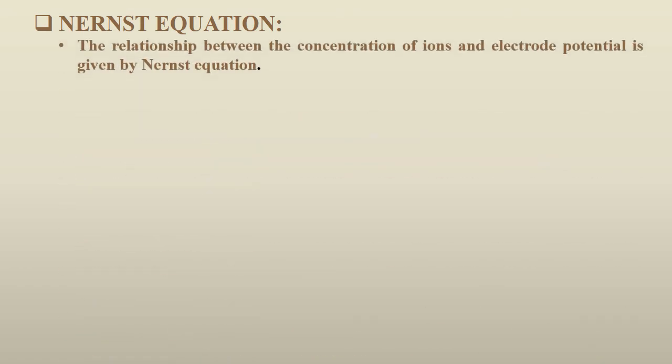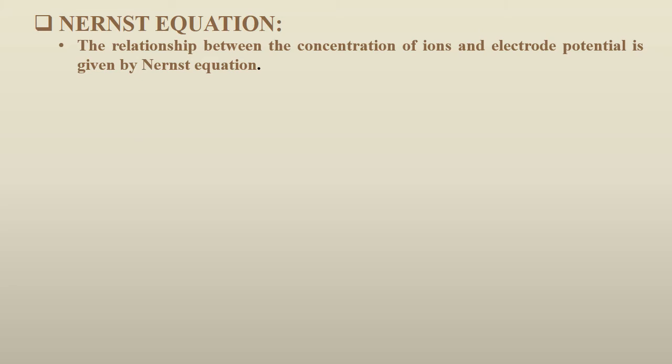The Nernst equation gives the relation between the concentration of ions and electrode potential. It is not always the case that the concentration of all the species involved in the electrode reaction is unity.